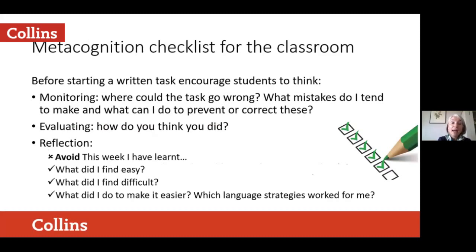Do I have the vocabulary that I need for this written task? Do I need to go and make a list of some of the vocabulary items I think I'm going to want for this written task? What kinds of mistakes am I going to make? And then they do their task, and then they evaluate it, they reflect on it. Was looking at vocabulary before I started helpful?